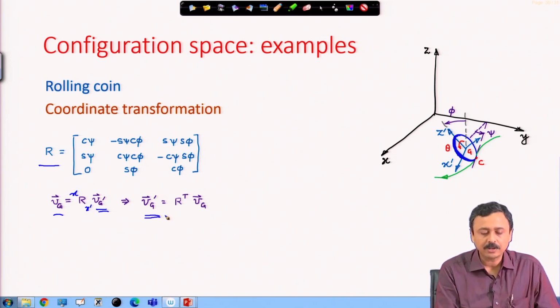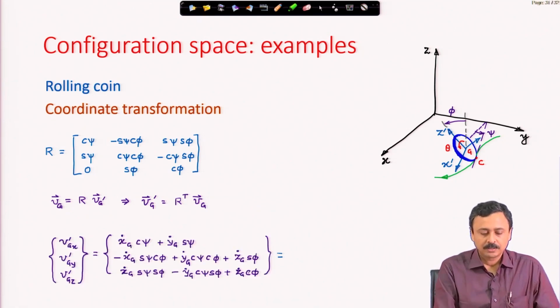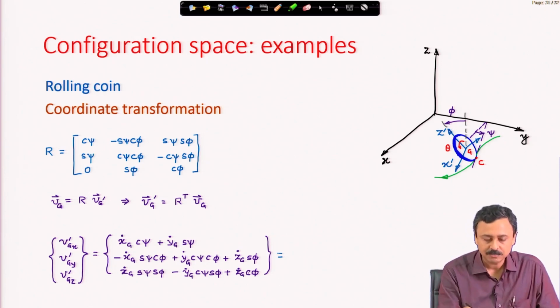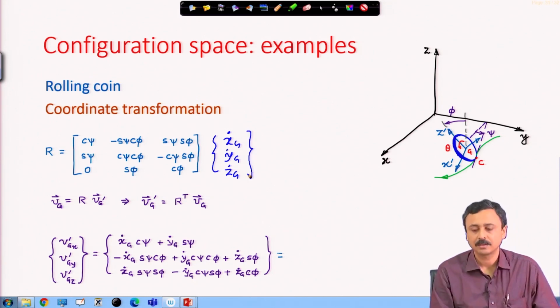Or I can write the velocity in the primed frame as R transpose, since the inverse is the transpose of the rotation matrix, times the velocity in the ground fixed frame. So the velocity in the primed frame is obtained by multiplying the transpose matrix with x g dot, y g dot and z g dot, which is V g in the ground fixed frame.